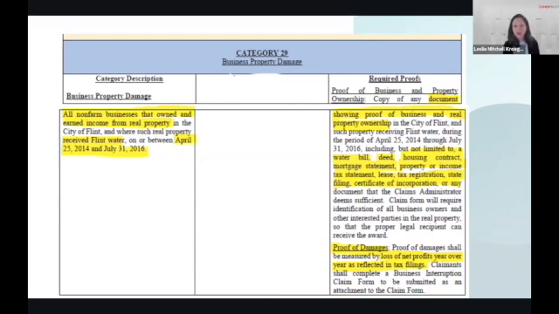We'll go over exactly how many years you need to present of your tax filings, but there is a requirement that your income tax filings be submitted, and it will be before, during, and after, and it must show a loss. That's category 29. That goes to the business property.